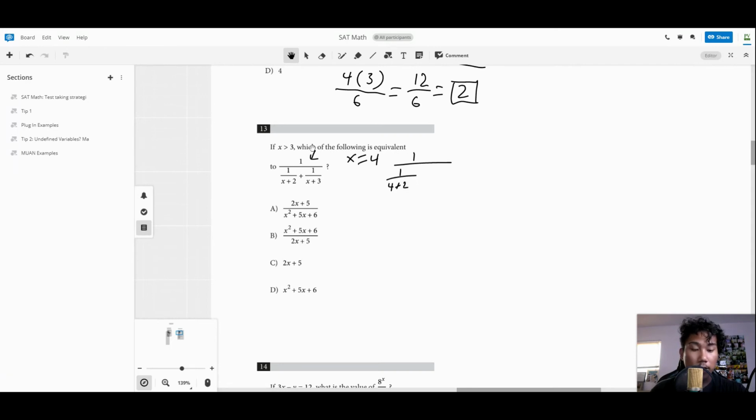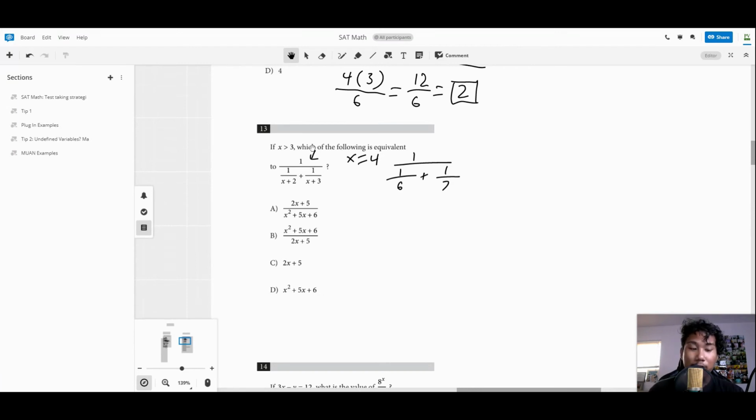Which is just 7. So I'm just going to replace that with a 7. Plus 1 over 4 plus 3, which is 7. I realized that 4 plus 2 is not 7, but 6. Excuse me for that. Giving me the question of 1 over 1/6 plus 1/7.